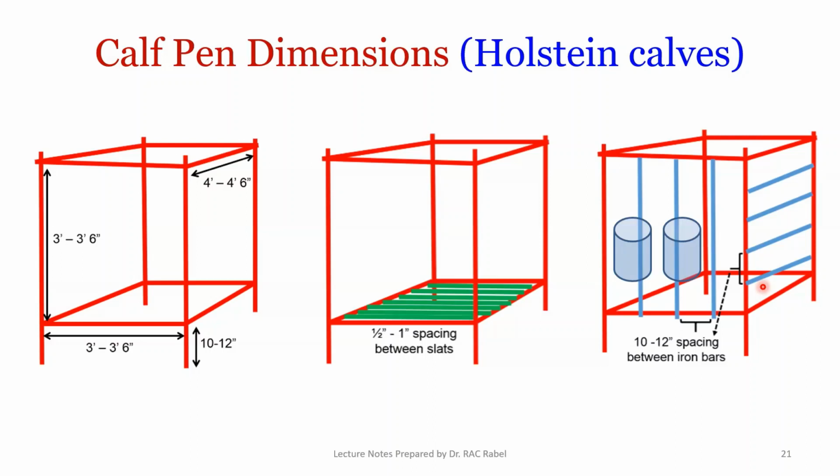Same goes with bedding, right? Now we usually say sand is the best bedding. Typically the bedding materials available for us are sand, straw, wood shavings, or rice hull.